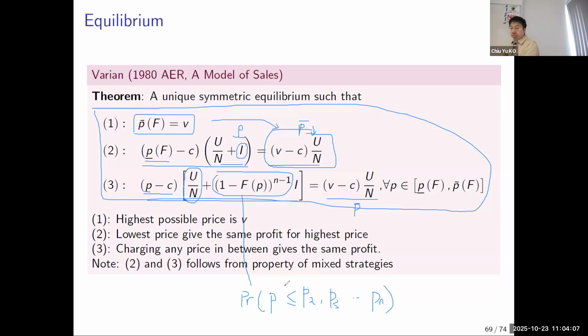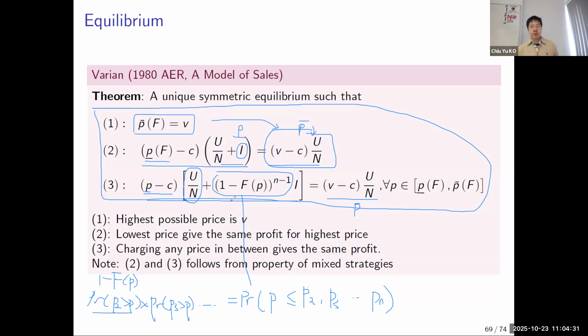Because this is the same as the probability that P2 is bigger than your P, times the probability that P3 is bigger than your P, and so on and so forth. Each one is realized as 1 minus F of P because they are all random using F as well.